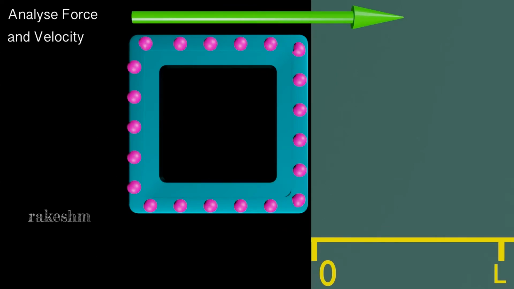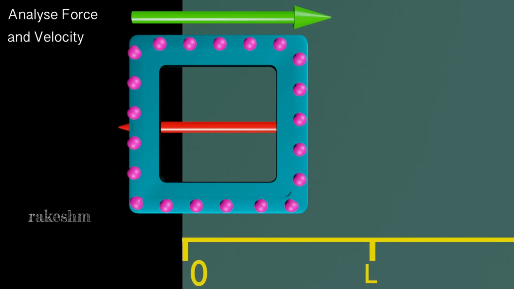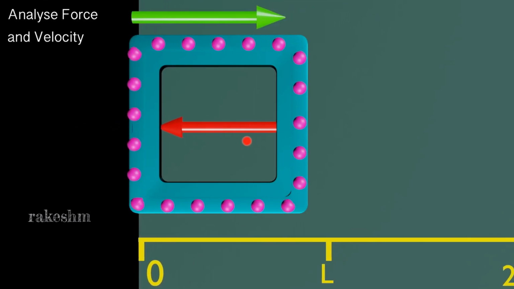From the formula I L bar cross B bar, we can say that there won't be any force on this part of the loop, on this part and on this part. Only force will be acting on this part. We can find the direction and magnitude using the formula I L bar cross B bar. So this is the force.